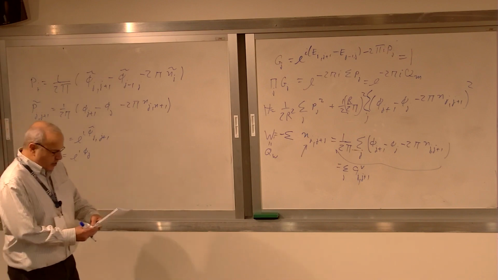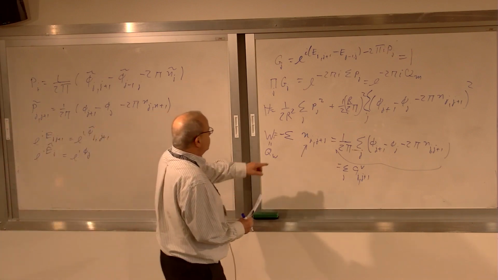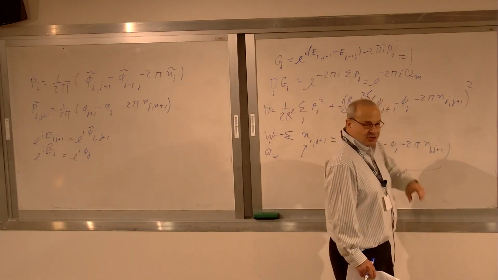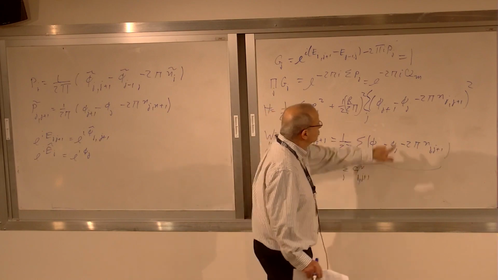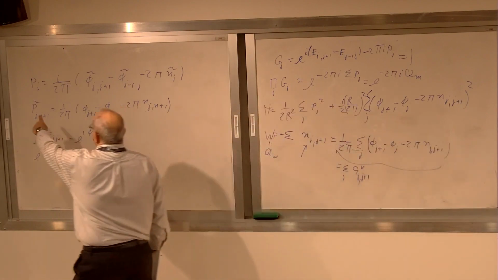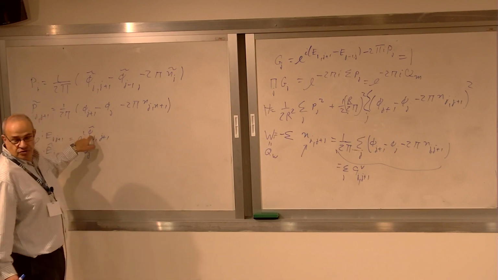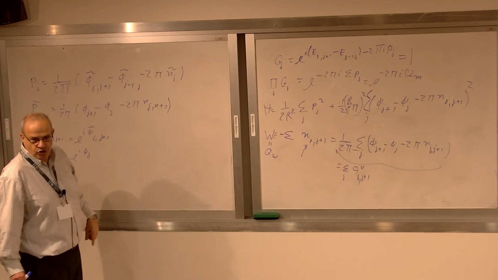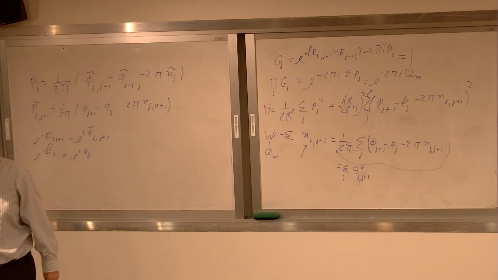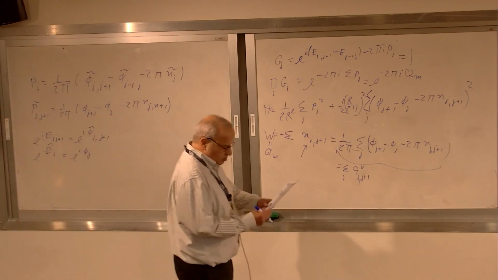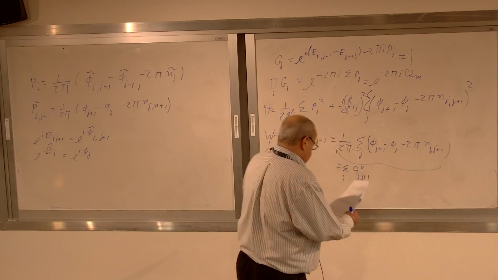Notice what I did here. Originally, this was simple, and that was complicated on the sides. So I'm going to redefine variables such that this will be the new p, this is p tilde. And instead of e, I have the new field, which now lives on the links. And if I do that, I'll write the answer.